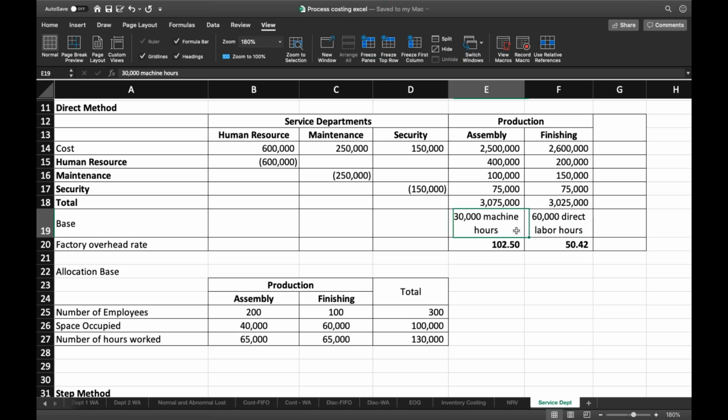So for assembly, 3,075,000 divided by 30,000, we now have a factory overhead rate of 102.50, the predetermined overhead rate for assembly. For finishing, we have 3,025,000 divided by 60,000, we have a 50.42 predetermined overhead rate.